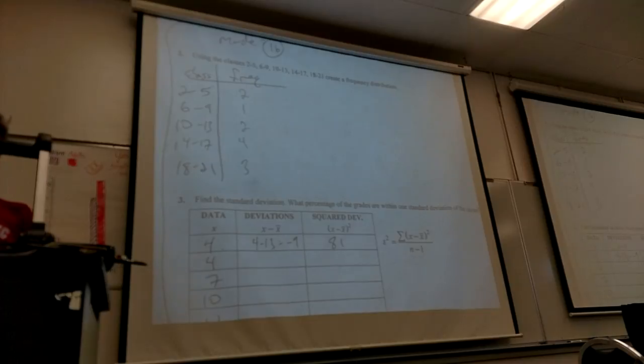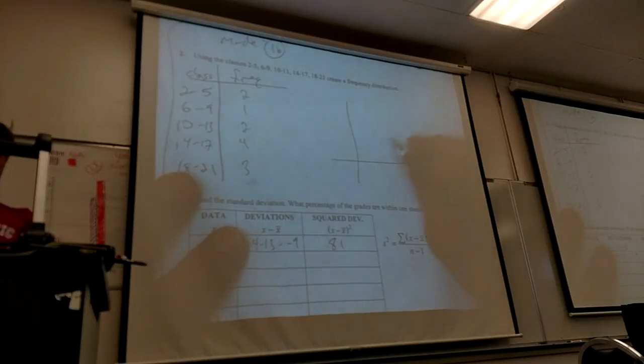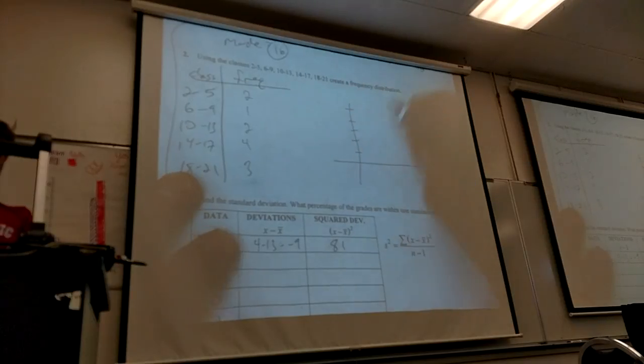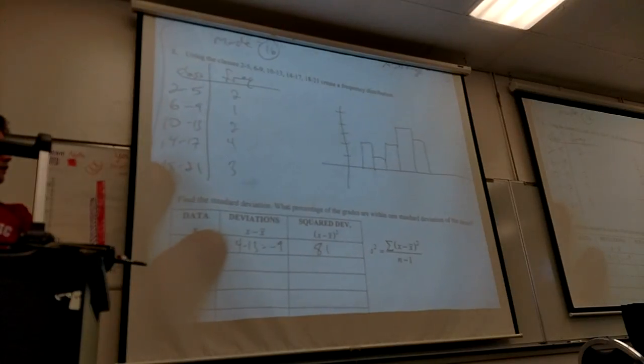To be honest, I teach a stats course too, so I can't remember. Did we actually create histograms in here a while back? Yeah, we did. Okay, so it would be 2, 1, 2, 4, 3. All right, so it would look like that.